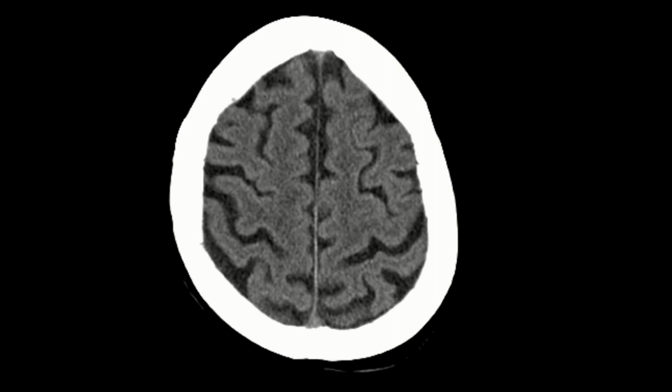Let's employ the two signs that we learned to identify the central sulcus. So this is the coronal plane, and this is the longest sulcus in the coronal plane. So that is possibly the central sulcus. So let's get rid of that.